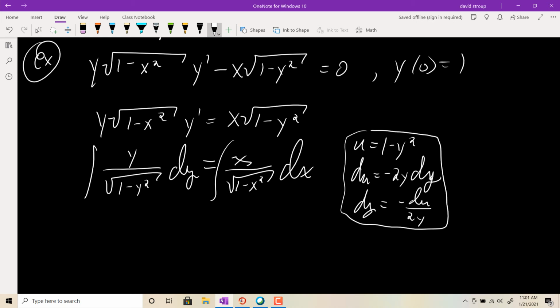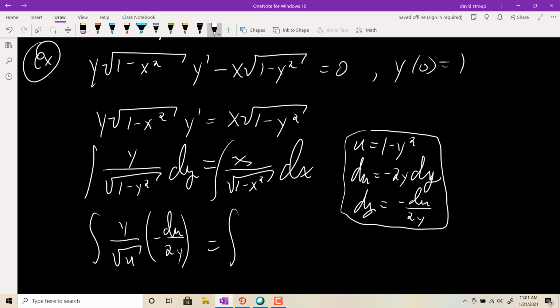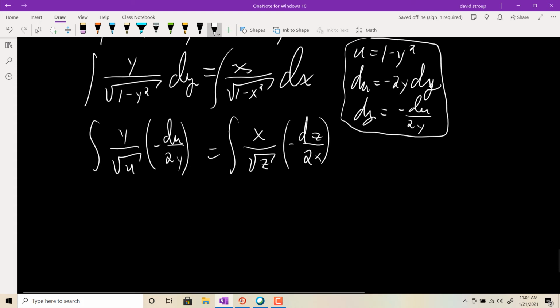Let's box that chunk off. So we have y all over the square root of u times negative du over 2y. On the right, I'll go with z variable, so x all over the square root of z times negative dz over 2x. Okay. Simplifying, factor out a negative 1/2. Rewrite 1 over square root u as u to the negative 1/2.